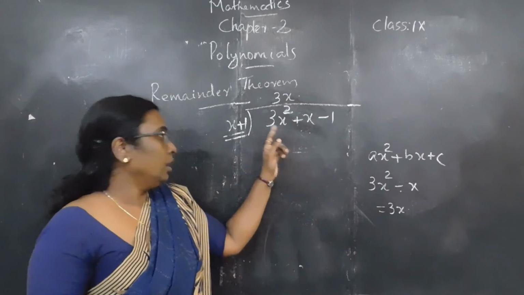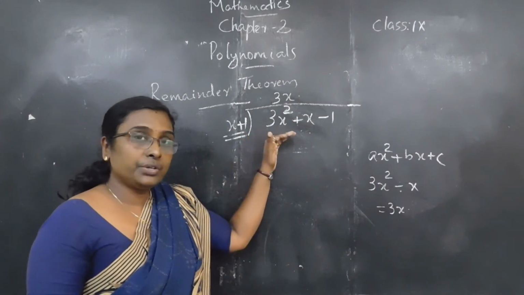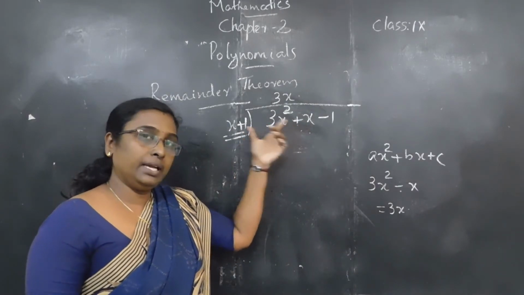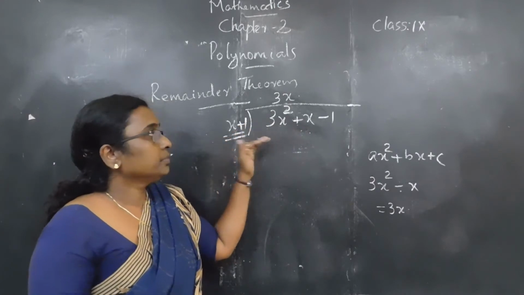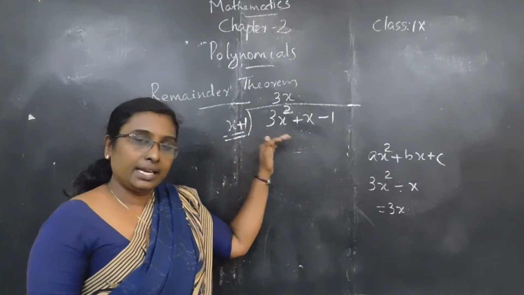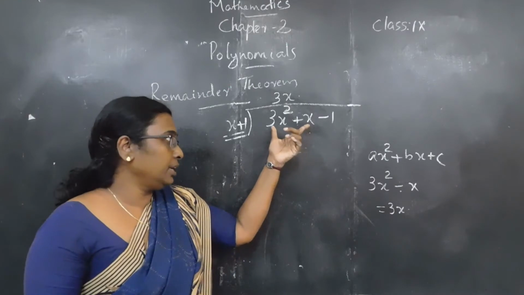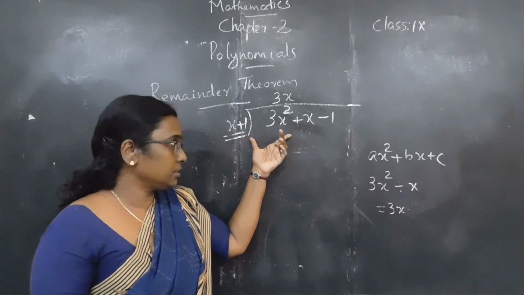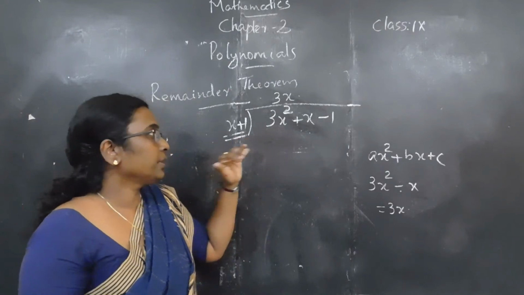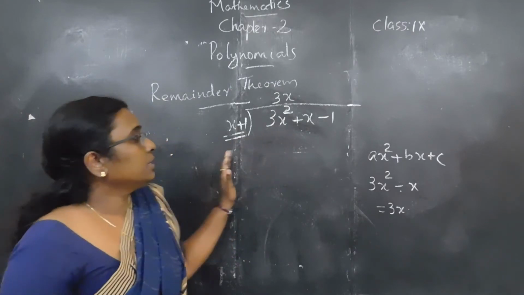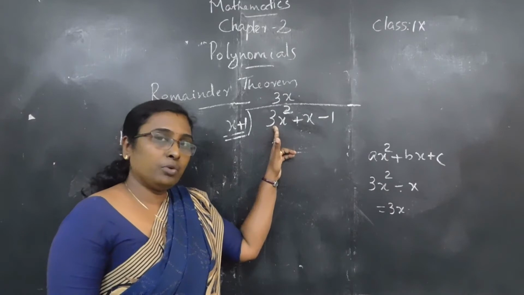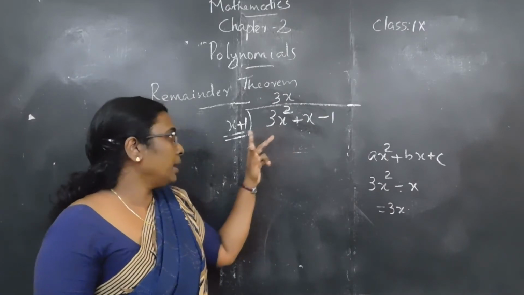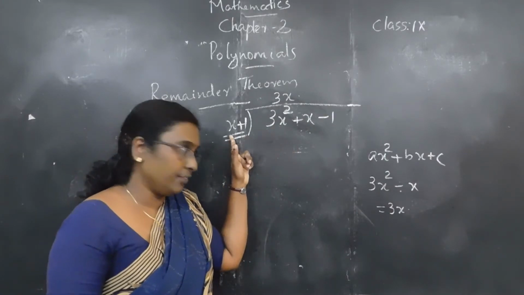Okay, once more. In order to divide a polynomial by another polynomial, the first step is to arrange the dividend and the divisor in the standard form or general form. Then the second step is to divide the first term of the dividend by the first term of the divisor.